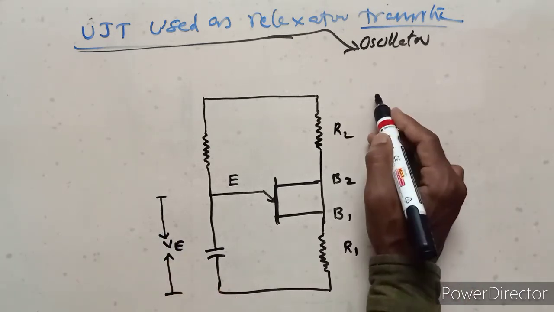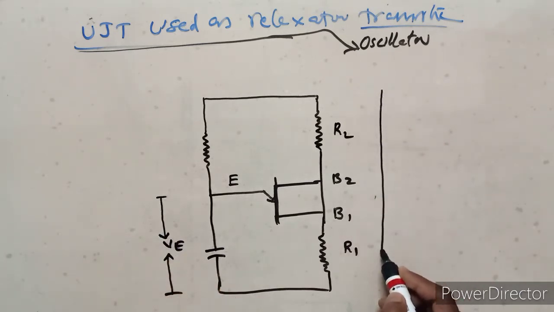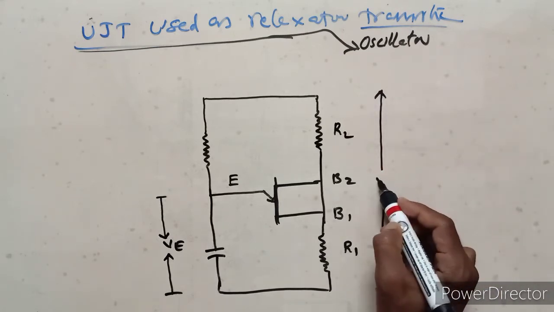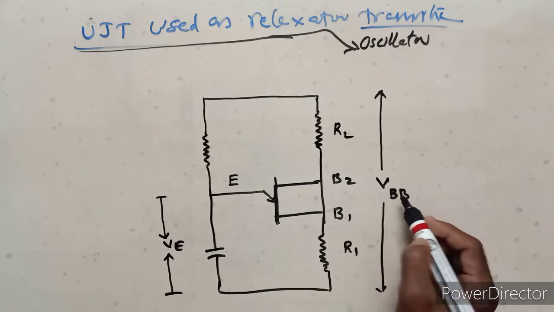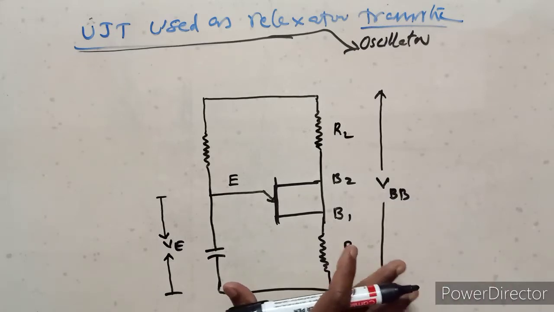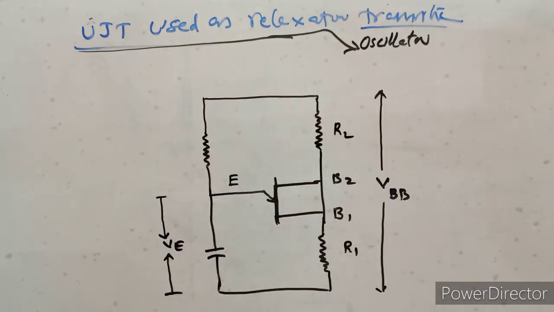This is the voltage between the two bases, VBB. So this is the total circuit diagram of the UJT used as a relaxation oscillator.